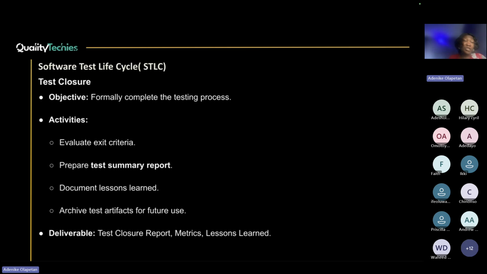It's possible for you to have only, let's say, one or two low issues which have been confirmed with the business as not a showstopper to deploying the application. That is when you are due to close the test.